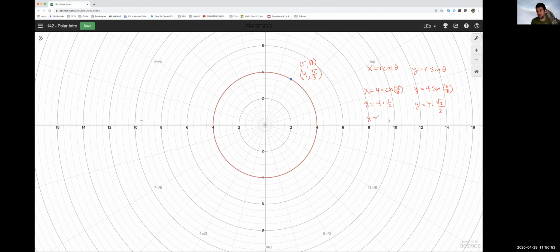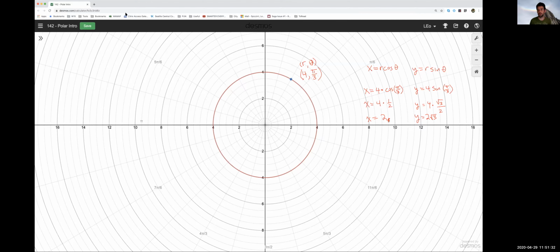So that means x equals 2, and y equals 2 times root 3. So this point in polar should have Cartesian coordinates of 2 comma 2 root 3, which I wrote in the wrong place. Let me move my writing out of the way. So there's my polar coordinates.